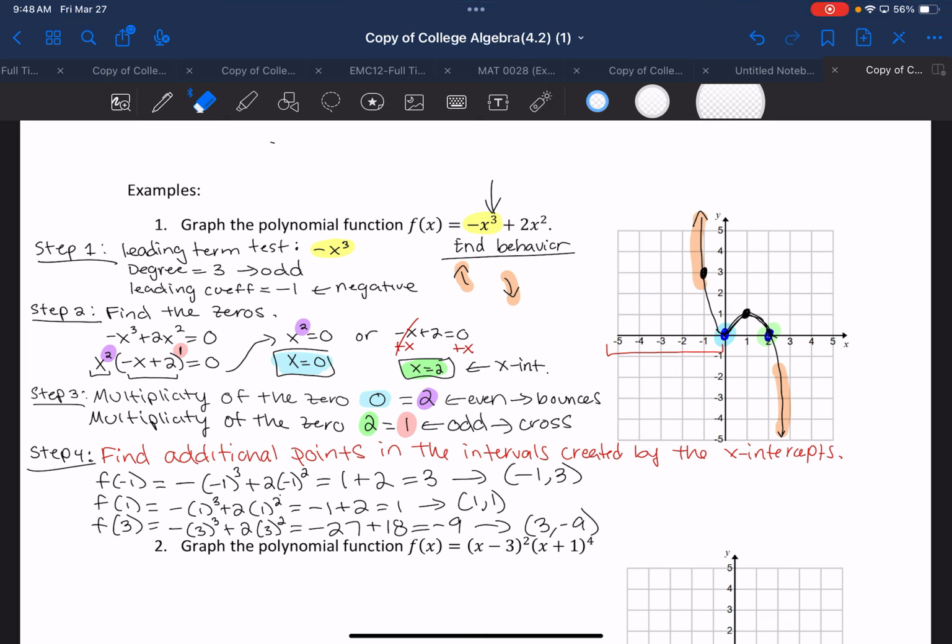Also, obviously we've seen that these polynomial functions can have more than one x-intercept, but they will never have more than one y-intercept. They'll only have one, because they're functions, so it can't repeat x values. So it'll only have one y-intercept. Any questions so far?